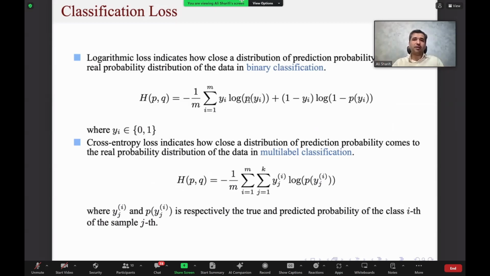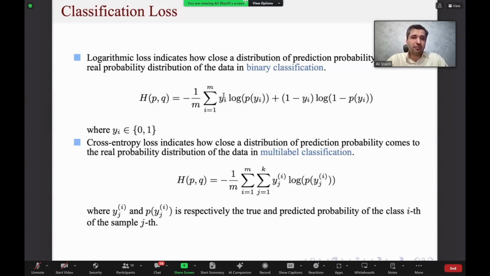If, for example, the sample belongs to class 1, and the probability of class 1 is 1, then the log of 1 would be 0, so there would be 0 loss here.